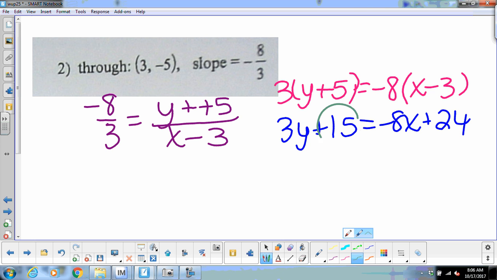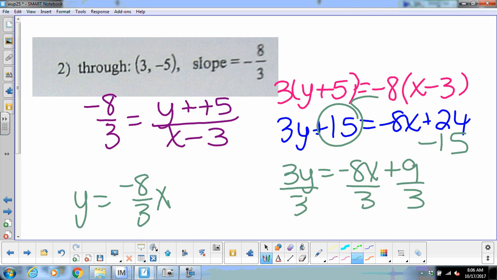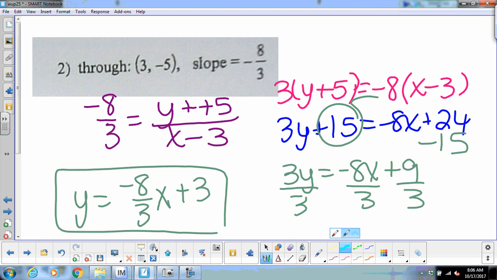And isolate your y. So y will equal negative 8/3 x plus 3. And remember, when you get done, your slope here should match the slope that you were given in slope-intercept form.